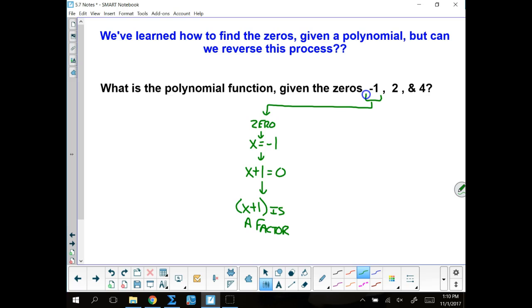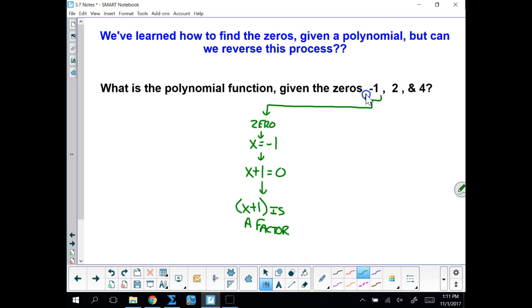Because if you think about the ending of the last problems that you did, even on the homework, you factored that polynomial down, and then you set those factors equal to 0, and then you solved those, and that gave you your zeros.